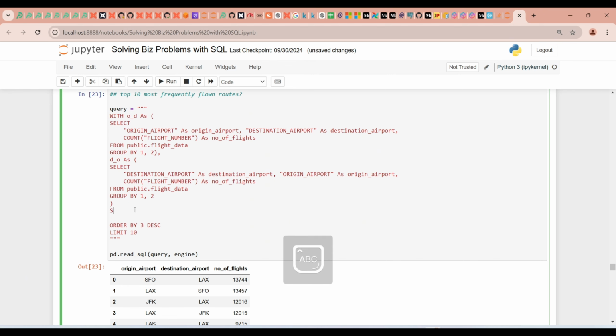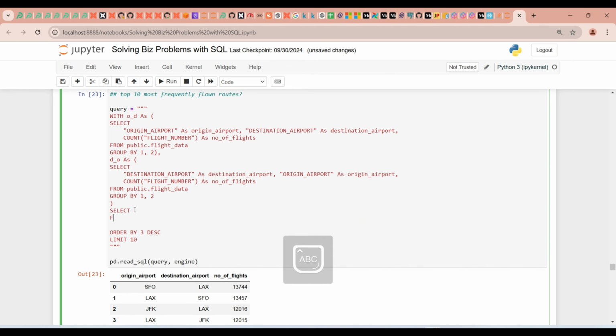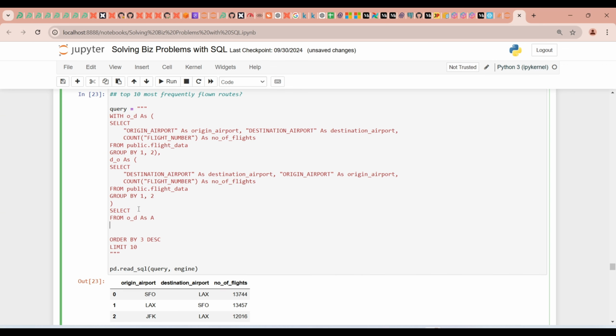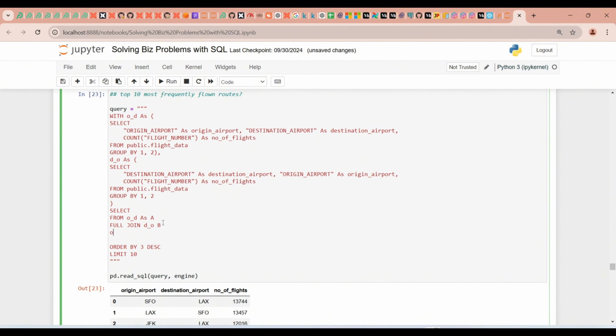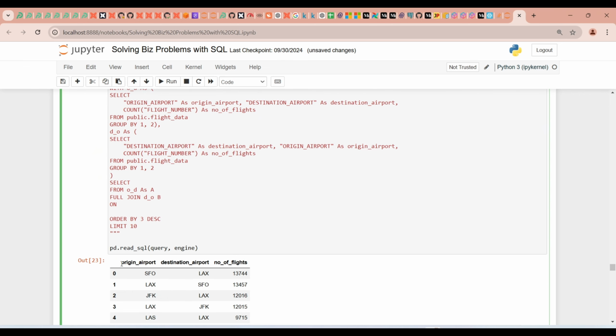I will say select them from origin to destination as A, and do a full join with destination to origin, because I don't want to miss out information in either of the two. On the join, I have to ensure that the origin is the destination in the other table.